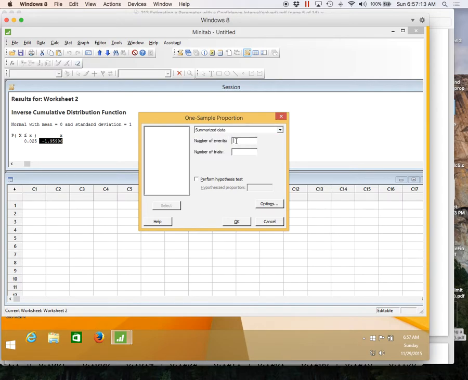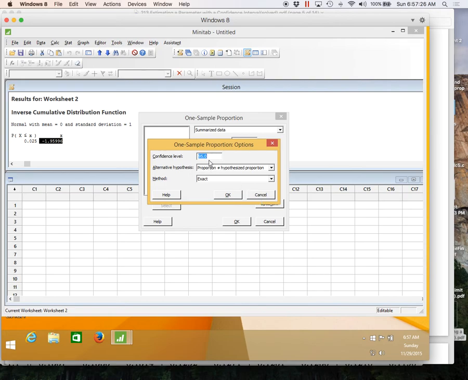What is the number of successes? We saw that there were 382 out of the 1,034. Make sure we go to options here. Options says, how confident would you like to be? In this particular case, we said we wanted to be 95% confident. That is, in fact, the default, so if it's 95, you can kind of leave it that way.